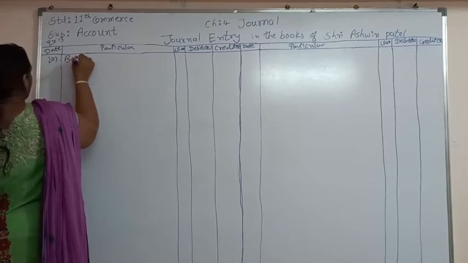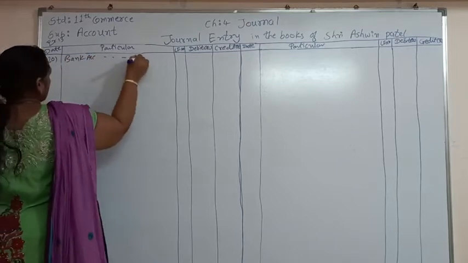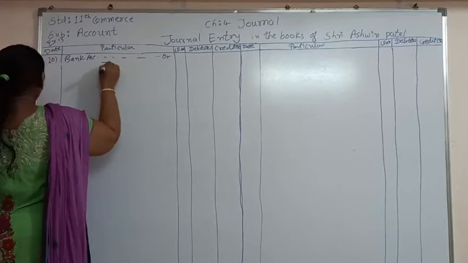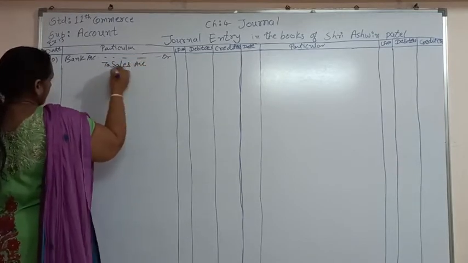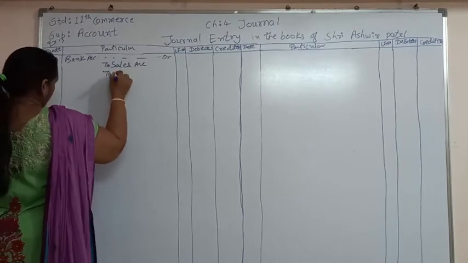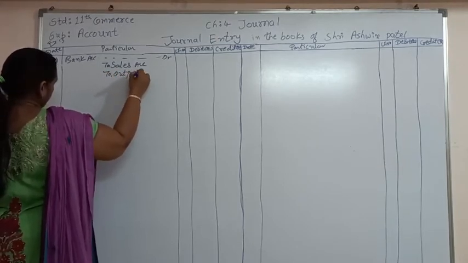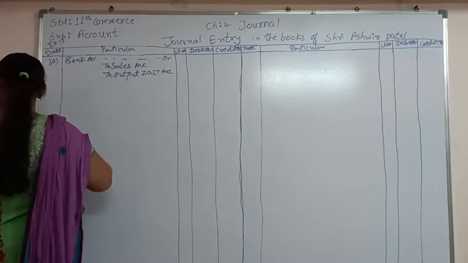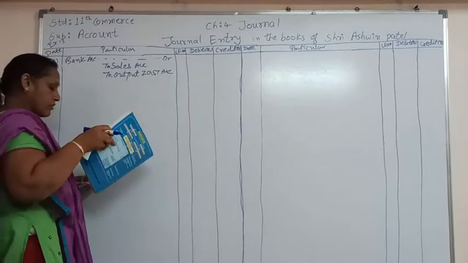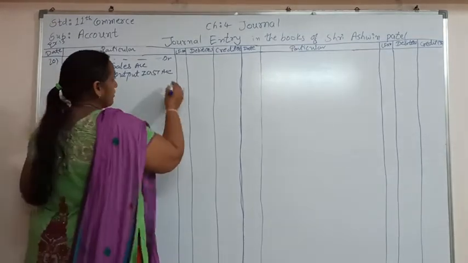So bank account debit, to sales account, to output IGST account. Okay. So for that goods of rupees 12,000 we have sold.